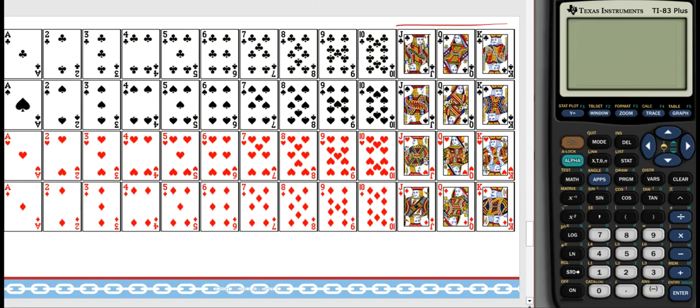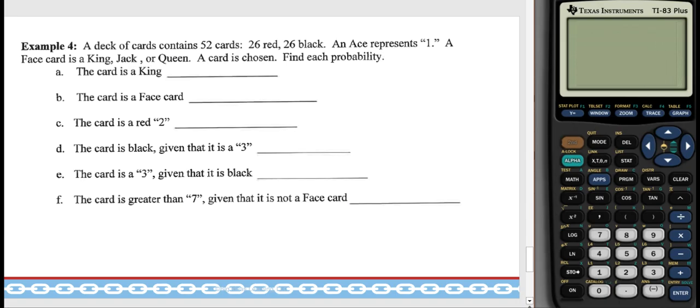And then aces are sometimes the high card or the low card. And in our particular example, it says regular deck of cards, 26 black, 26 red. An ace is going to be just a 1 in this particular case. Face cards are the jack, queen, or king.